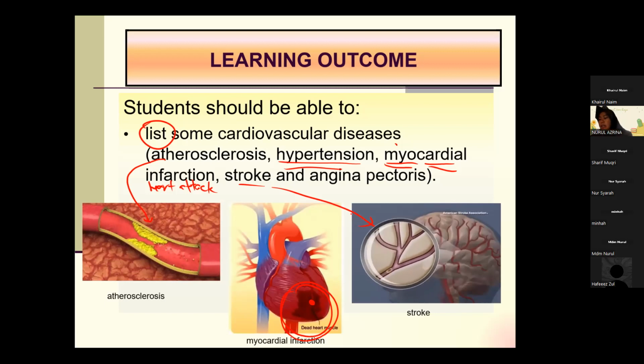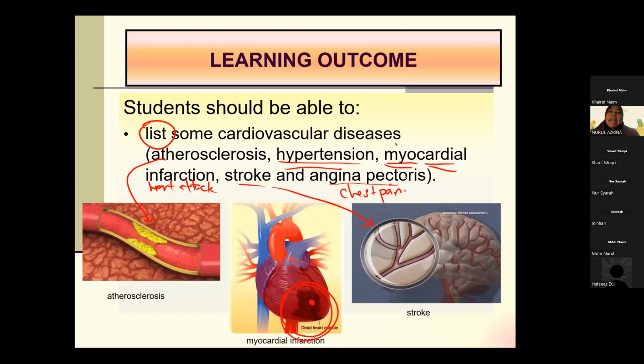Okay, and last one is angina pectoris. So angina pectoris is chest pain, occasional chest pain. Macam kita tengok cerita drama Melayu ke apa kan, tiba-tiba orang tu macam rasa sesak nafas, dia pegang kat dada sebelah kiri.